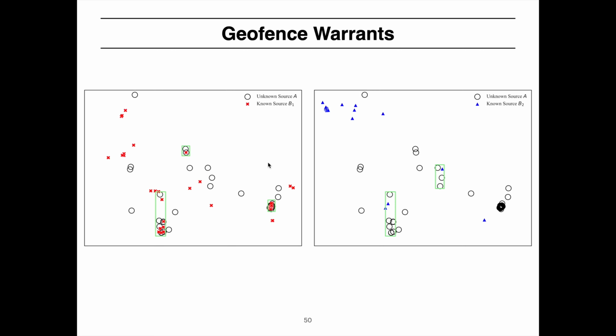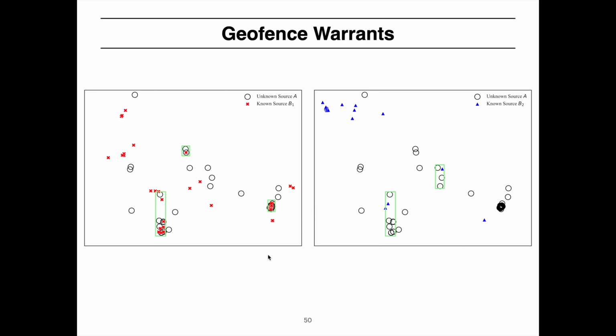And what investigators will do is they'll draw boxes around these points, and they'll ask a service provider, such as Google or an internet service provider, give me all of the accounts that have generated events within one of these boxes in some given time period. And so here, in these two plots, what I've shown is two different accounts that had hits in a geofence defined by these green rectangles.